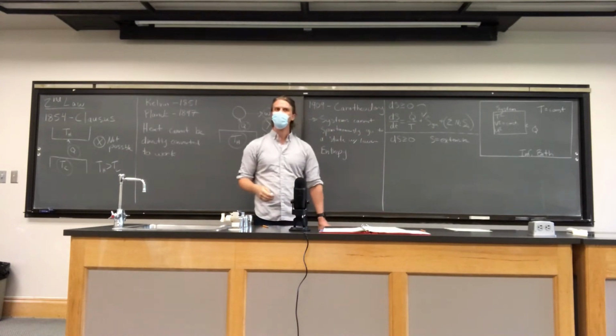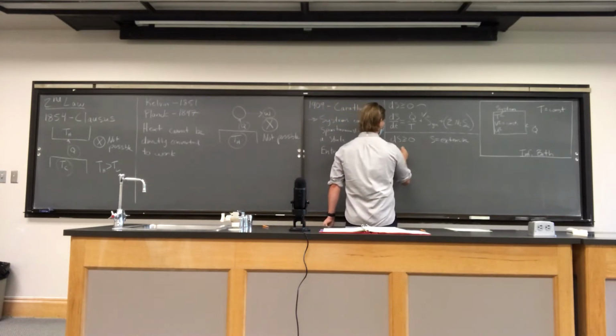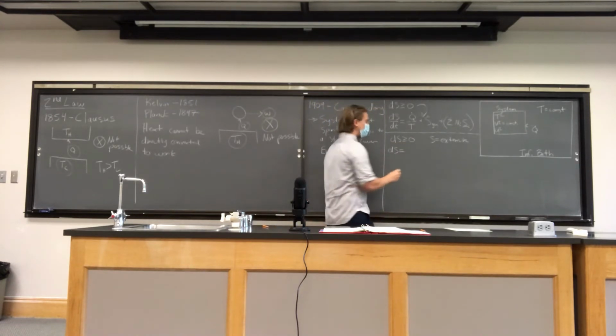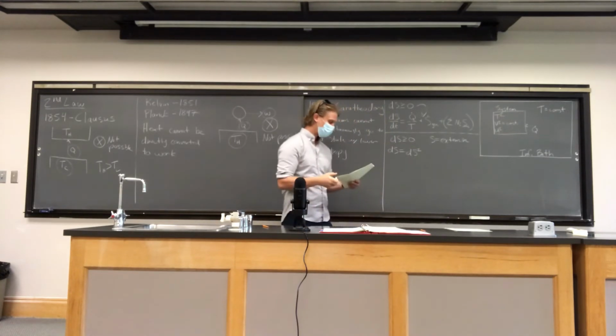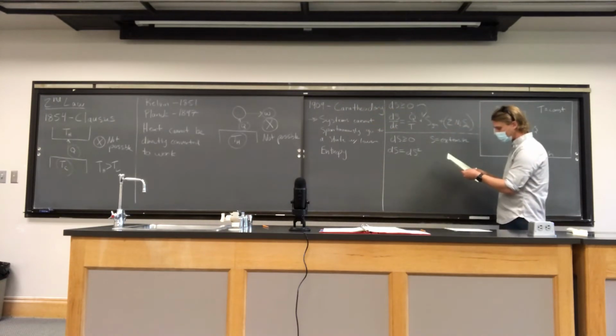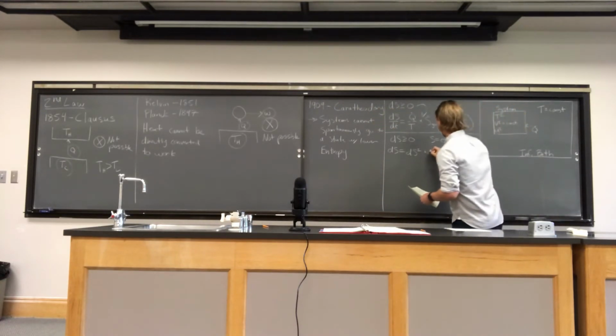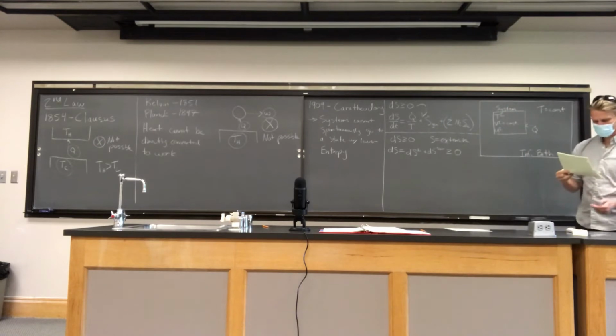Extensivity basically means that we can add and subtract entropy. So in this case, dS is equal to the rate of change of entropy of the system plus the rate of change of entropy of the surroundings, and it must be greater than or equal to 0.